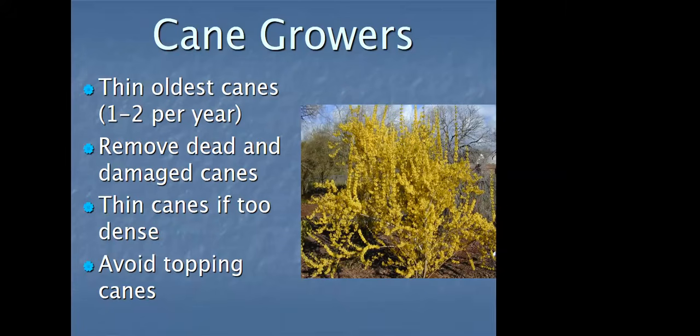So for the cane growers, normally what you're doing is every couple of years you're thinning out the oldest canes. A lot of times people will leave the larger canes and thin out the smaller canes coming up, but usually with cane growers, you want to do it the opposite way. You want to take out anything dead or damaged, and you're removing the canes, taking them all the way back down to the ground just to keep it from being too dense.